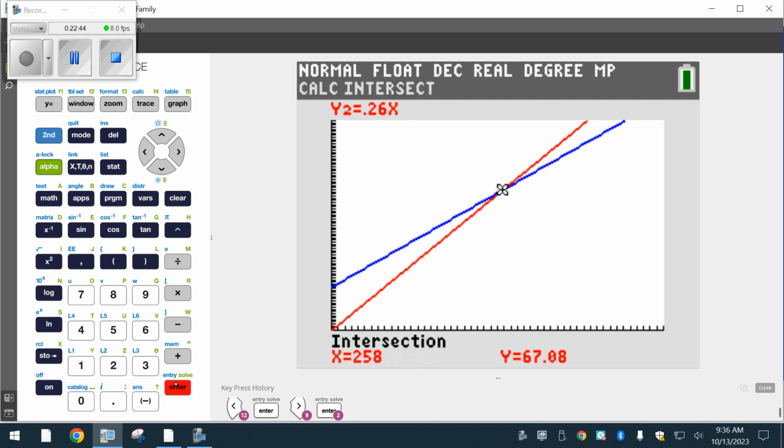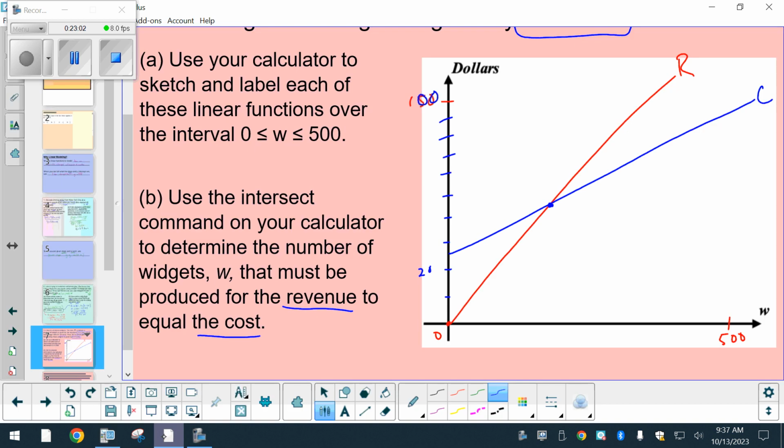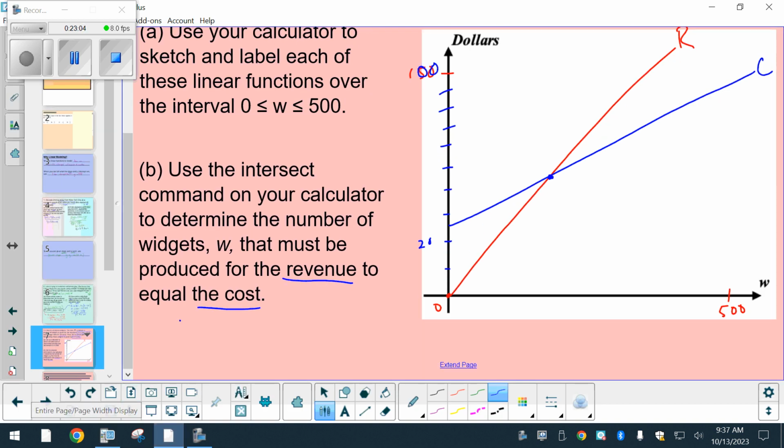And now it's going to tell you that when x is 258, that's where they are intersecting. And that's going to be the number of widgets that are sold, where your cost is equal to your revenue. So the number of widgets will be 258. Kind of cool. So you can see when things are equal just by using that intersect command.